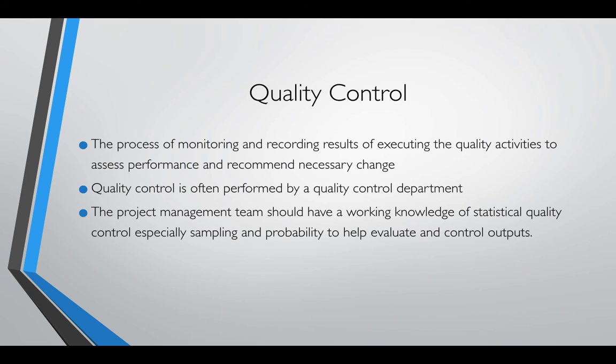Now we're going to go on to quality control. We could have said this before we went to quality assurance, but that's the way I guess maybe a textbook had it laid out. So what is quality control? Quality control is the process of monitoring and recording results of executing the quality activities to assess performance and recommend necessary change.